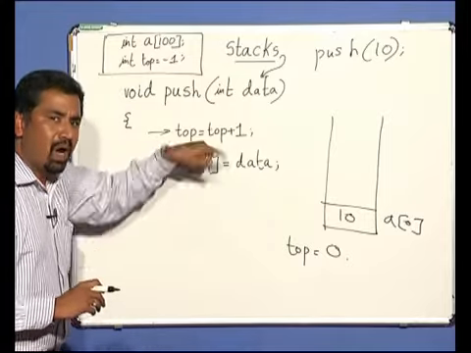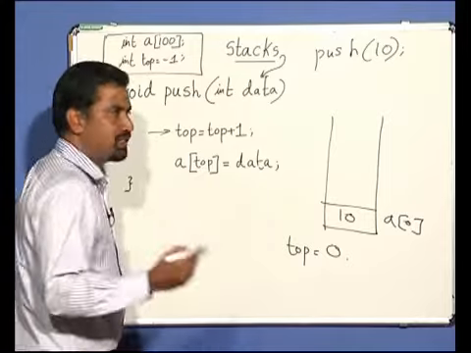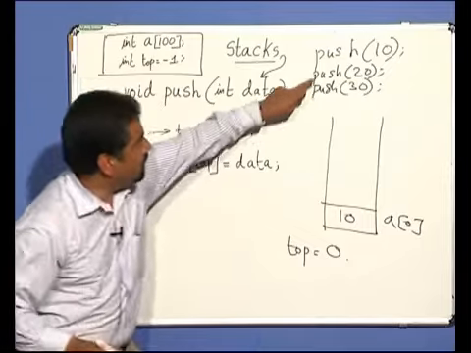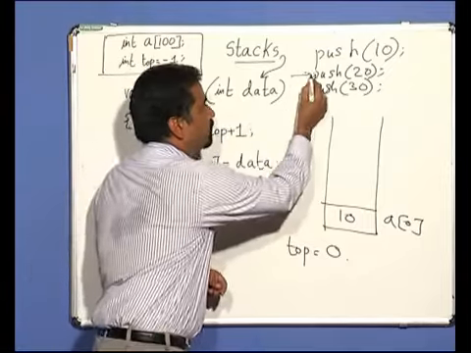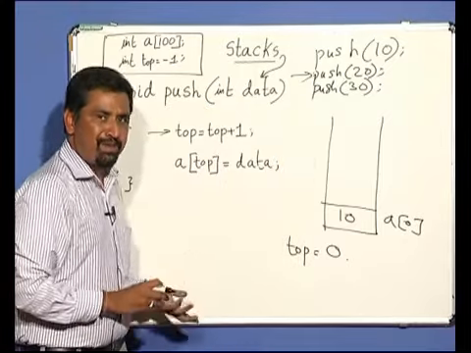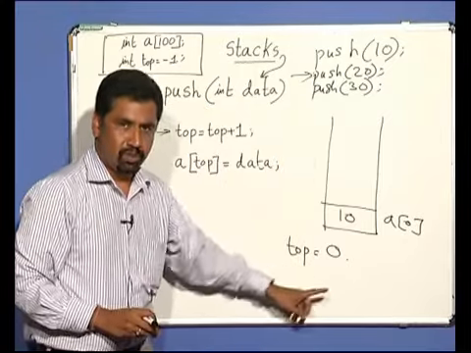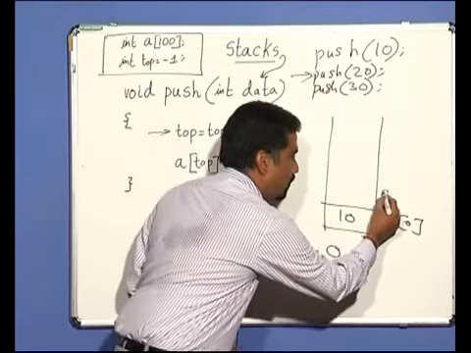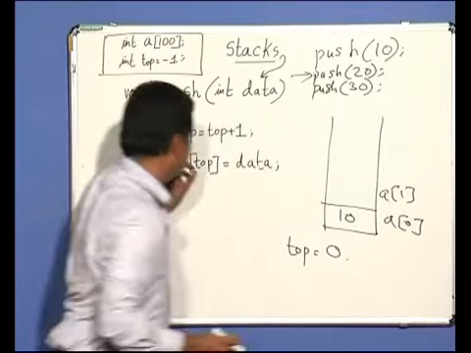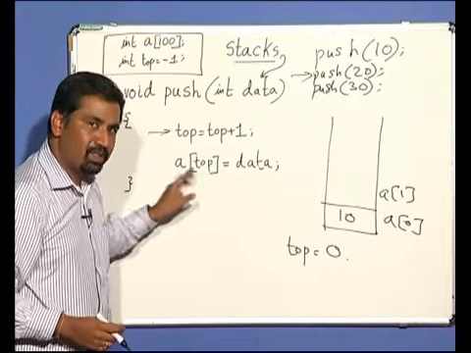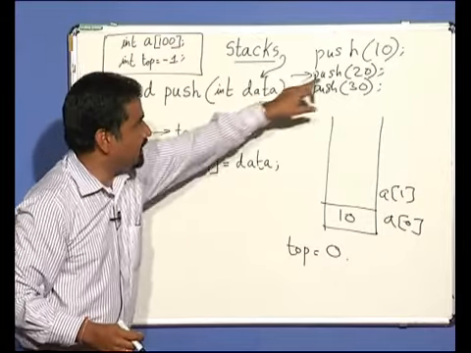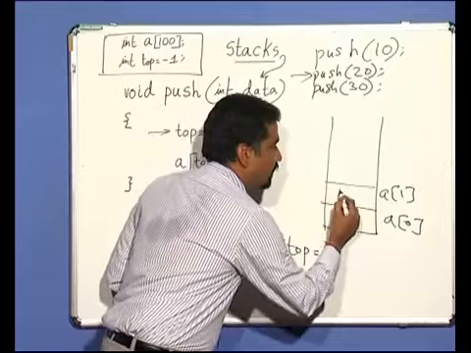If again you call the same function twice more, let us say for example these 2 statements, push 20, push 30, what happens now? The value of top is 0, so it will be made 1 because of this statement. And then into a of top, which is a of 1 now, data is currently 20, so 20 gets in here.